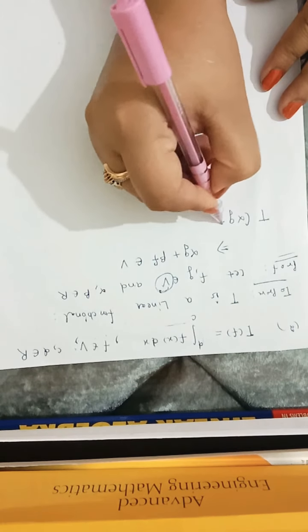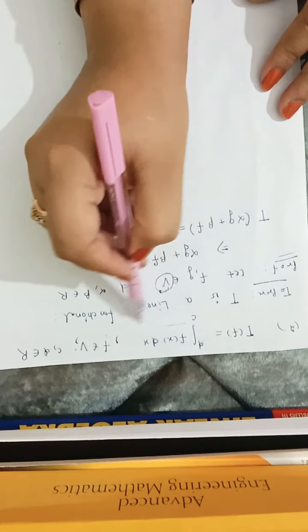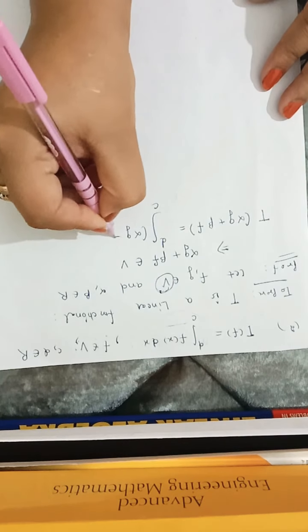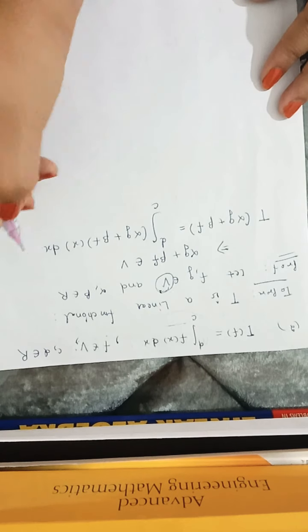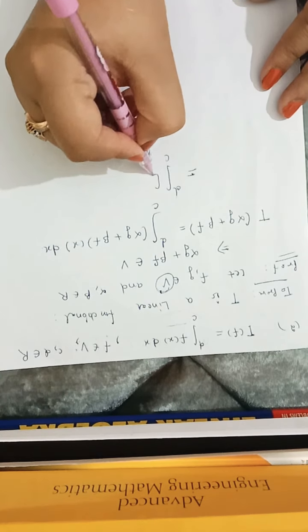T of alpha g plus beta f is equal to, according to the definition given here, the integral from C to D of (alpha g plus beta f)(x) dx, which can be easily written as the integral from C to D of alpha g(x) plus beta f(x) dx.